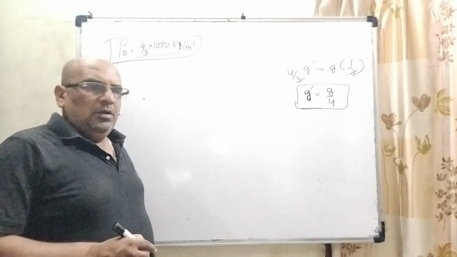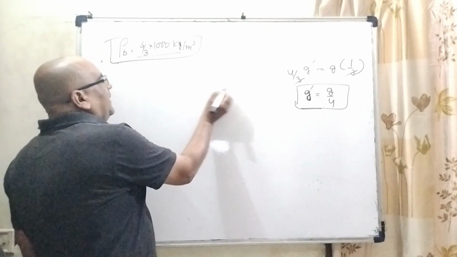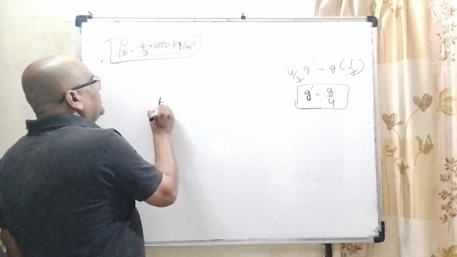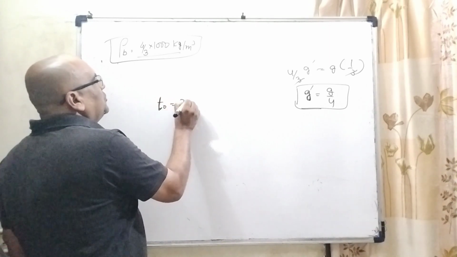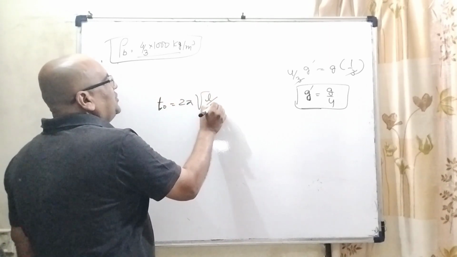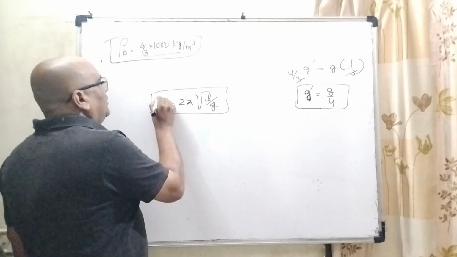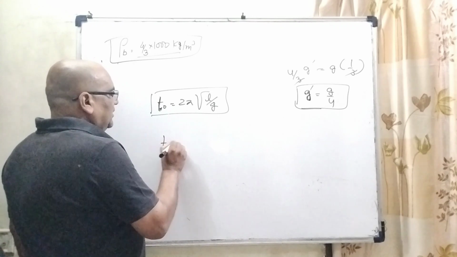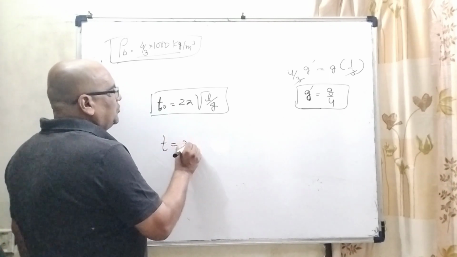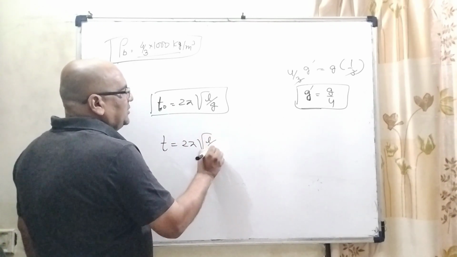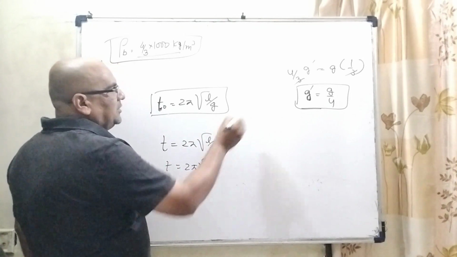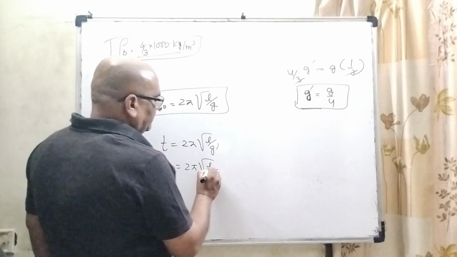Now we know that the time period of the bob in air, T naught, is equal to 2 pi root L by g. And when it is immersed in water, the time period is T equal to 2 pi root L by g dash. Here we have already found what g dash is: g dash is g by 4.